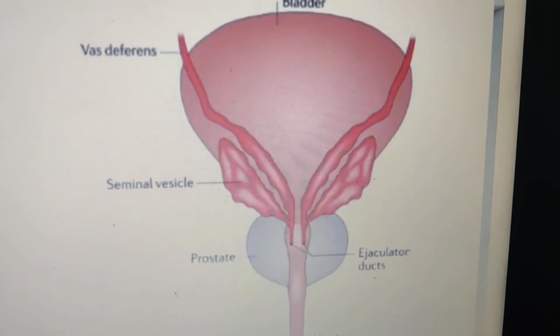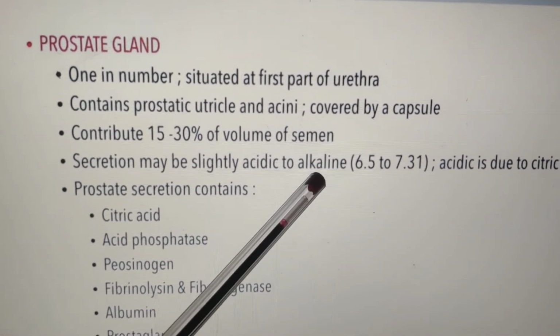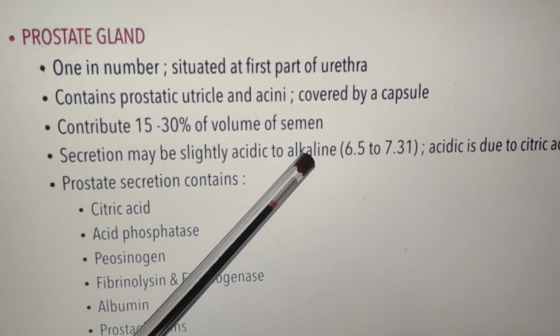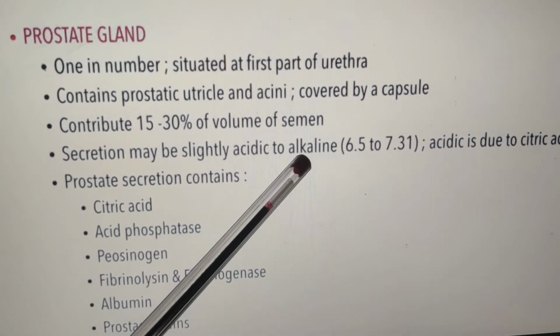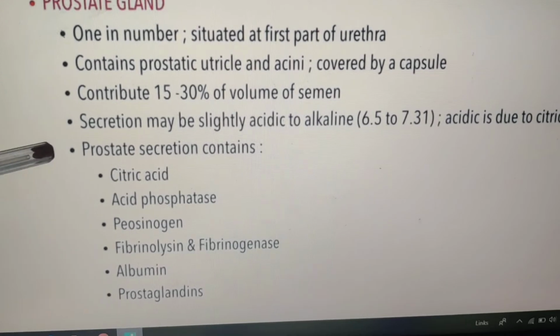The function of prostate gland is to make the medium alkaline. As we know, the pH in the vagina is acidic and the sperms cannot survive in this pH. So to provide the alkaline pH, the secretion of this gland is very important.